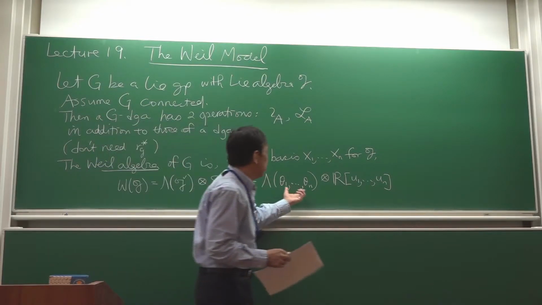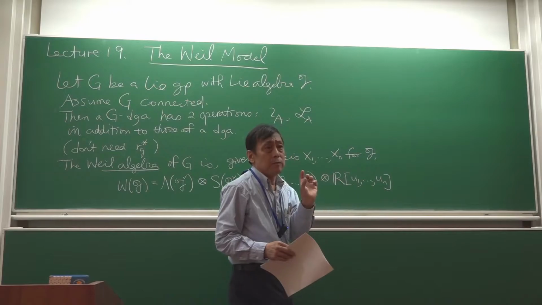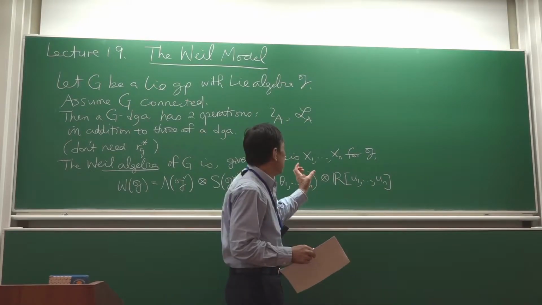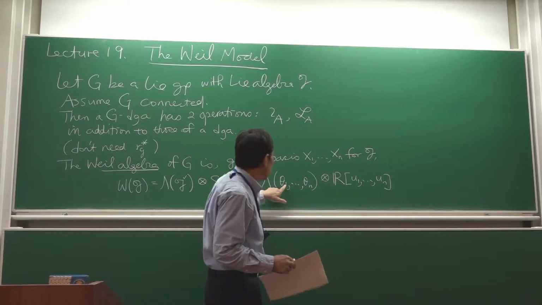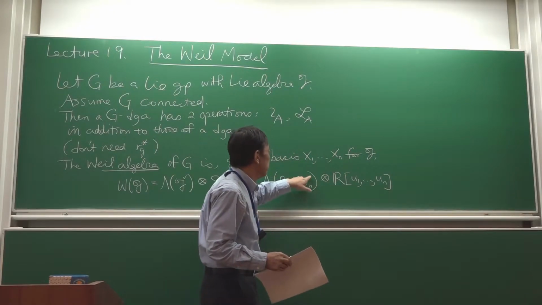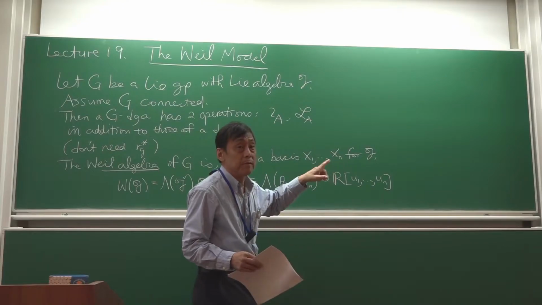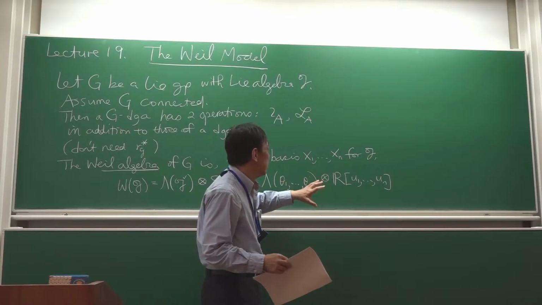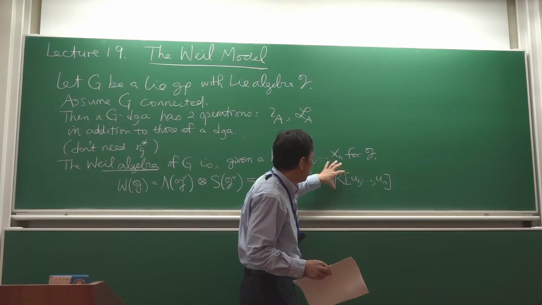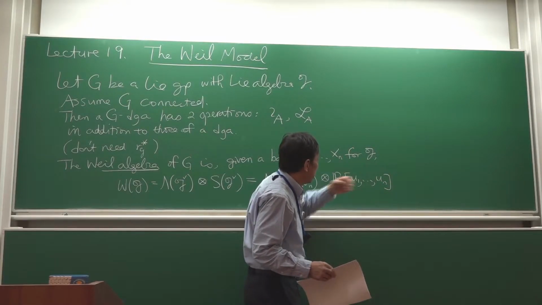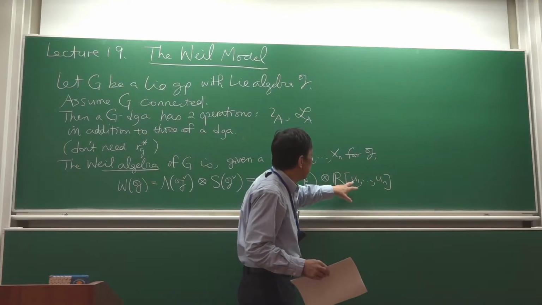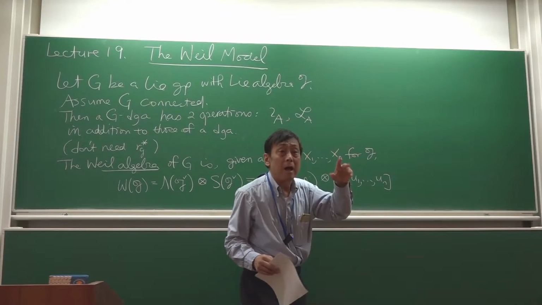See, these thetas and the u's, you know, they are in the dual. So usually, in differential geometry, they would be written with superscripts. Okay? But here, because we are looking at the symmetric algebra in the u's, and that means you are going to raise the u's to some power.